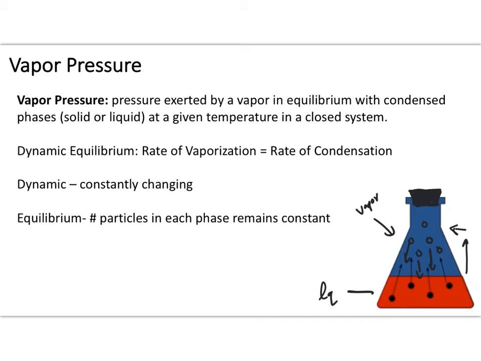I'm saying that however many vapor particles we have above the liquid, that's going to remain constant, and the quantity of liquid that we have below at equilibrium will remain constant. Things such as temperature, pressure, and of course intermolecular forces can all affect the relative vapor pressure of a specific substance.